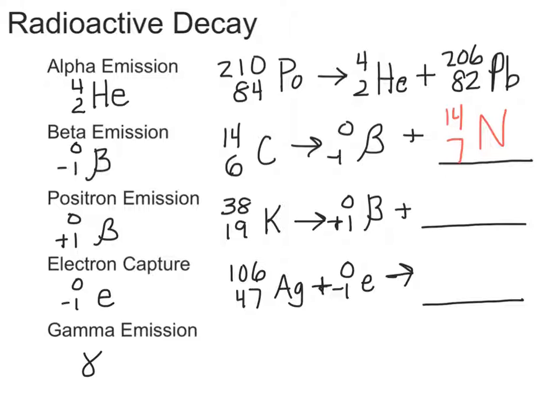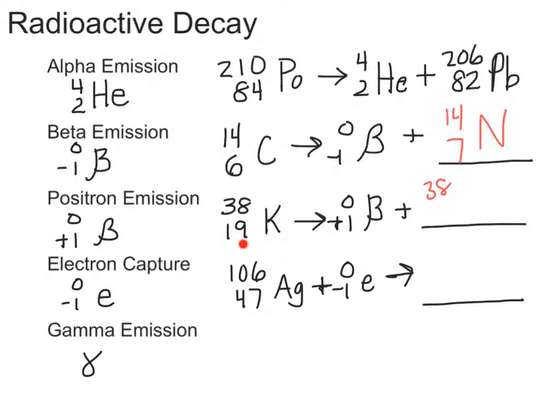Just like we did in the previous 2 problems, when we look at our example, we're starting with potassium-38, which has an atomic mass of 38 and an atomic number of 19. When we undergo positron emission, we have a mass of 0 at the top for our mass, so to balance that out, we need to end with a mass of 38.